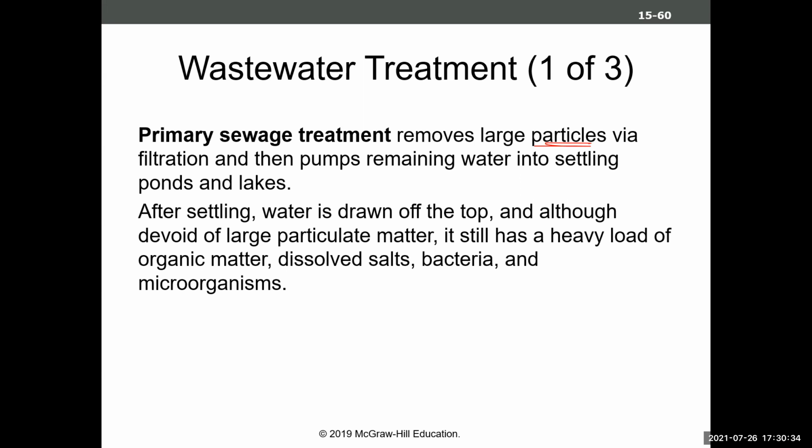This allows all of the material to settle out of the water. Then the water is pulled off the top so that you don't pull the particulate matter that was on the bottom. This settled water still has a lot of organic matter, dissolved salts, bacteria, and microorganisms, and needs to be treated even further.